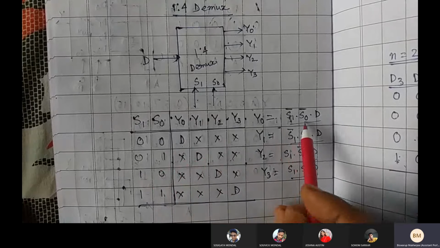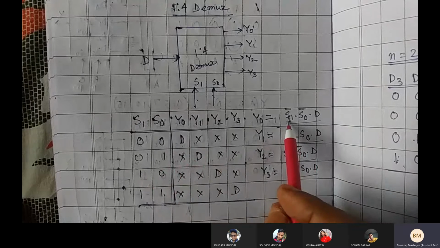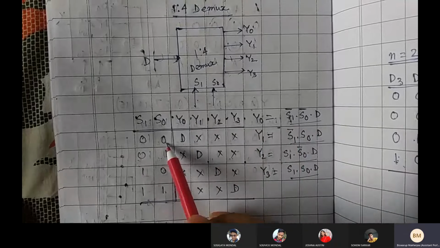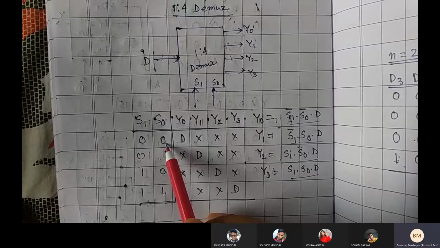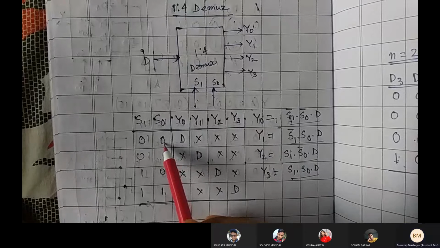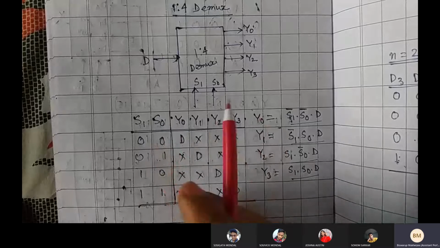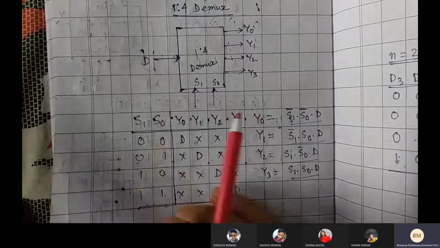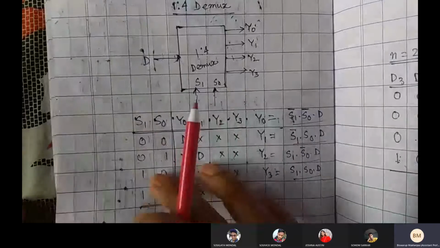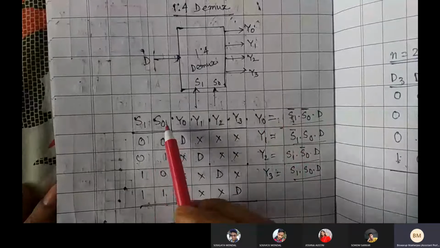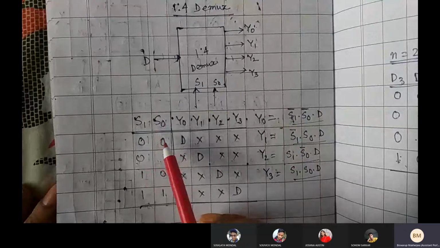Now why do S0 bar and S1 bar come? Because if this is 0 and this is 0, we make them bar. We have discussed K-maps so far, and in the case of the multiplexer we found that when the input is 0 0, the input logic is treated as bar.